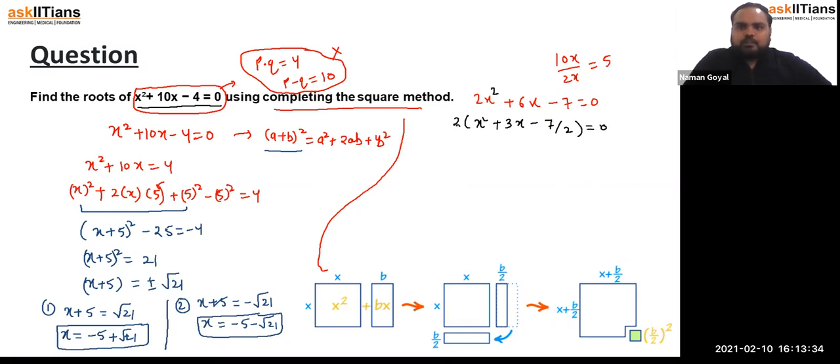Now this 2 goes to the other side and it becomes 0. So the equation we got is x square plus 3x is equal to 7 by 2, taking 7 by 2 to that side.